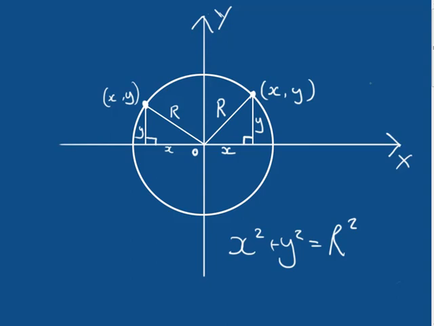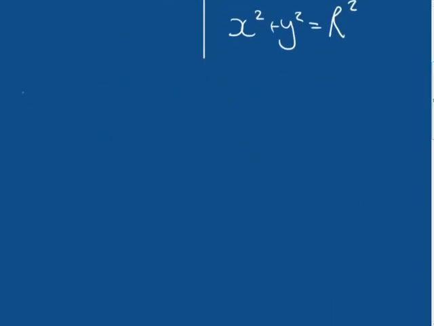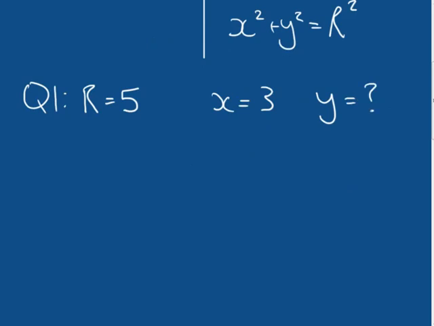So the first question, question 1, is if we have a circle centered at the origin where the radius is equal to 5 units, and a point on the circle has an x-coordinate of 3, what are the 2 possible y-coordinates that this point might have if it lies on the circle? So go ahead and pause the video, give this question an attempt. If you come up with a solution or you get stuck, unpause and I will work through the solution on the whiteboard. Okay, welcome back everyone.